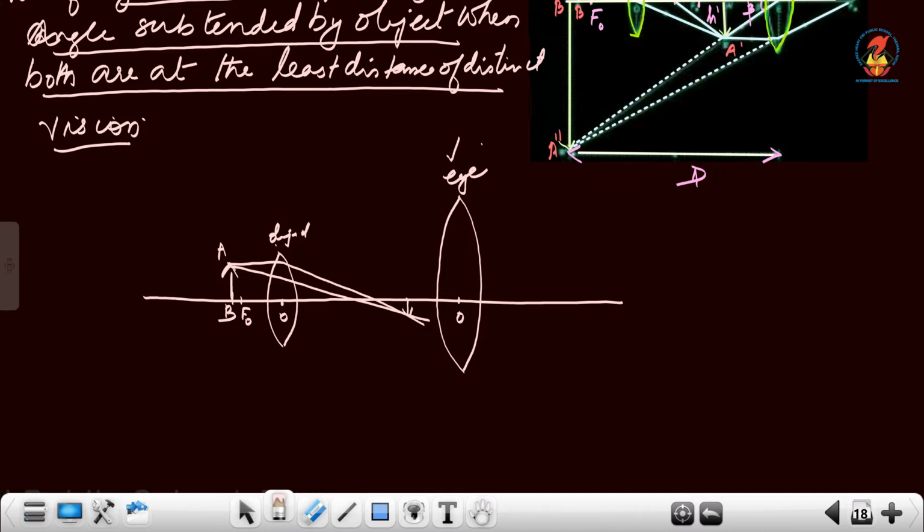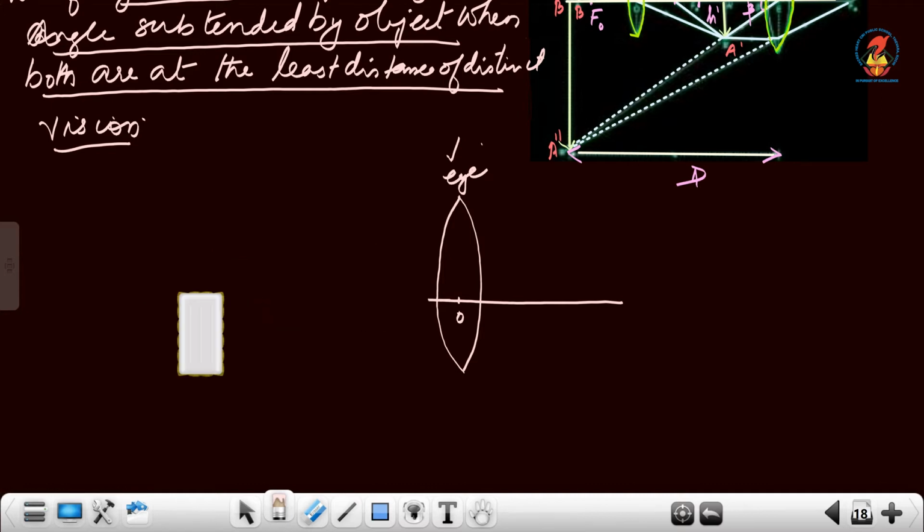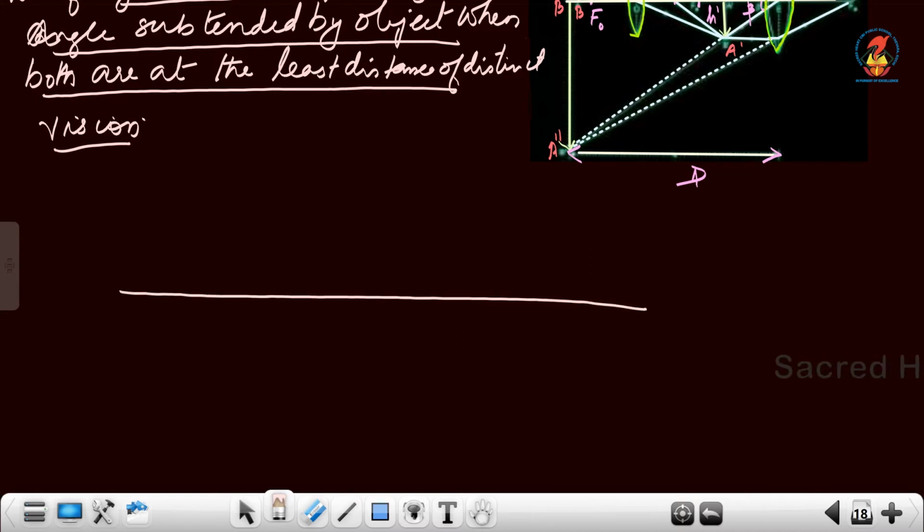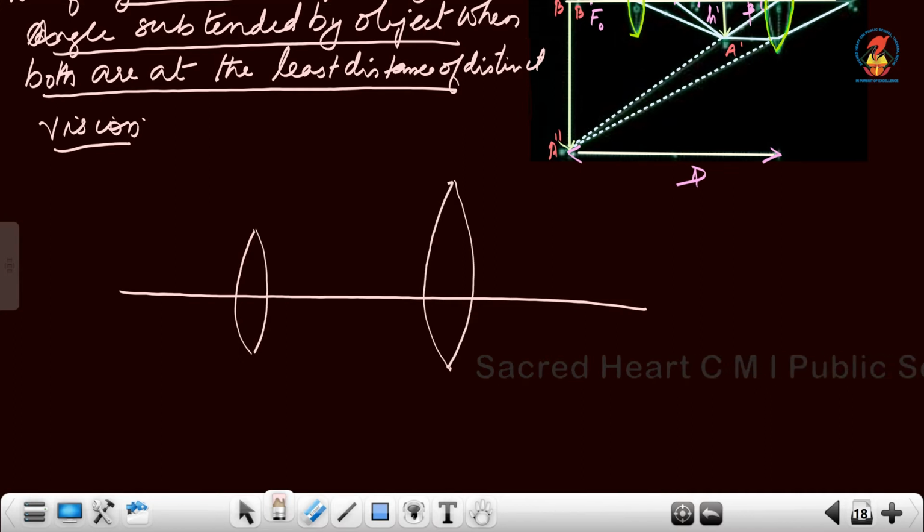Once more, we have the objective and the eyepiece.